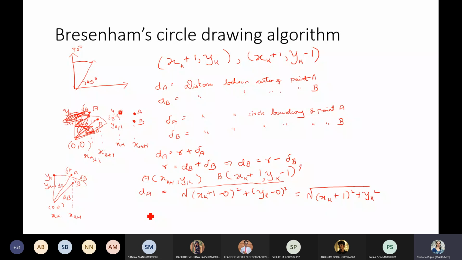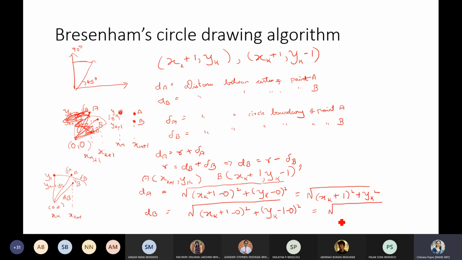Similarly, calculate dB. Again, the Euclidean formula is used: root of (xk plus 1 minus 0) whole square plus (yk minus 1 minus 0) whole square.